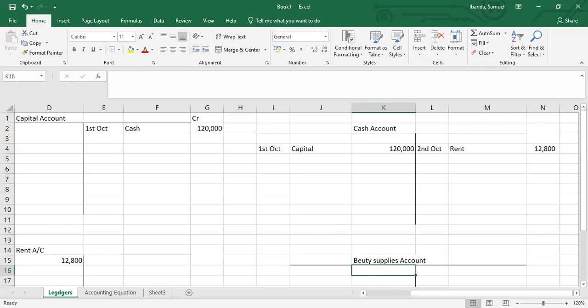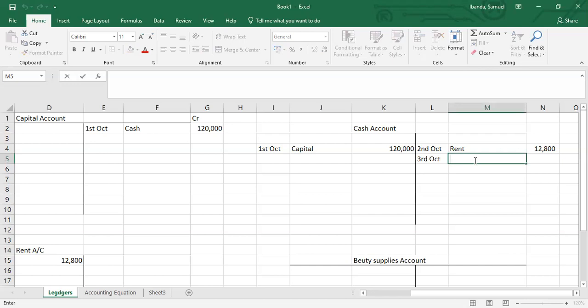And since they are telling us that these were purchased by cash, 20,000, we shall affect it here. This happened on the 3rd of October. I'll put my beauty supplies here, to the tune of 20,000 cash.